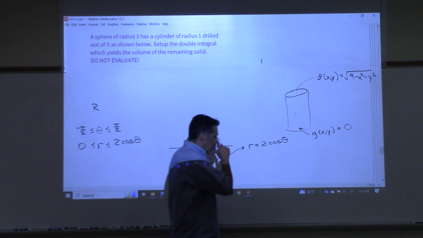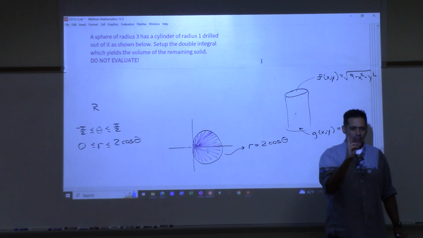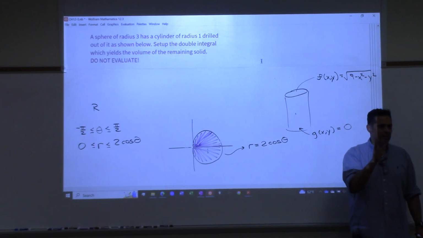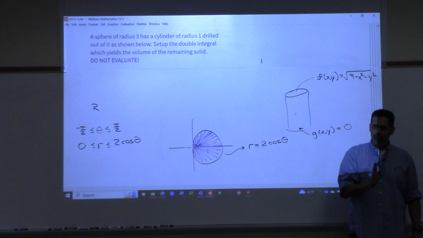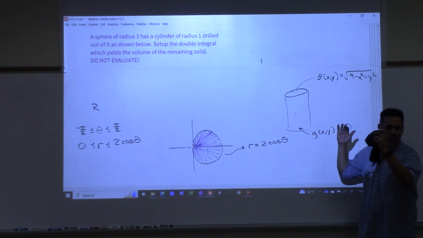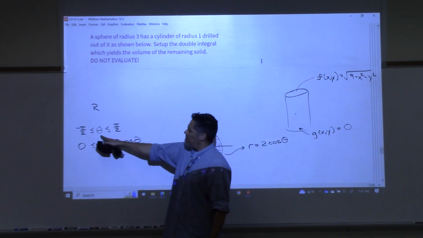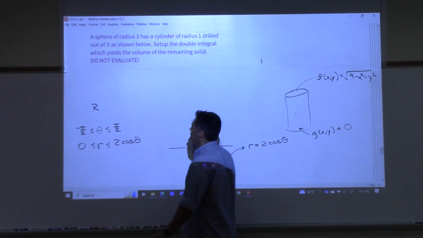Now, do y'all remember when we were doing type 1 with Cartesian, you are no longer free to flip the order of integration. You actually now have to go in the proper order. And the outer integral will always be the one that has the variable where you're in between constants. So for us, the outer integral is going to have to be with respect to theta.